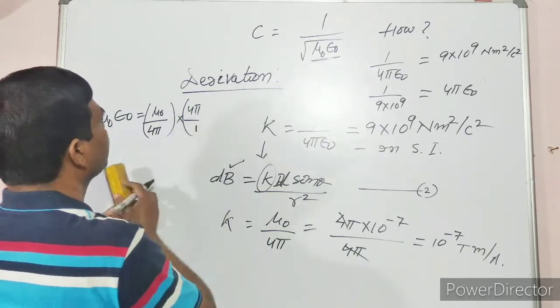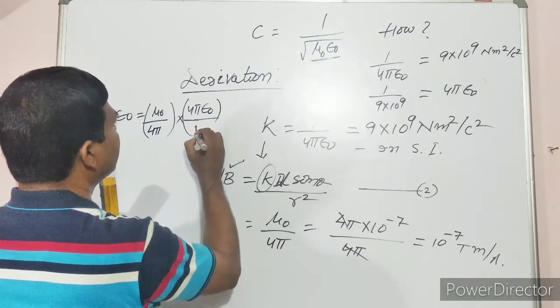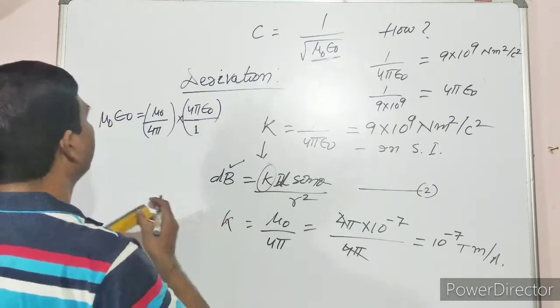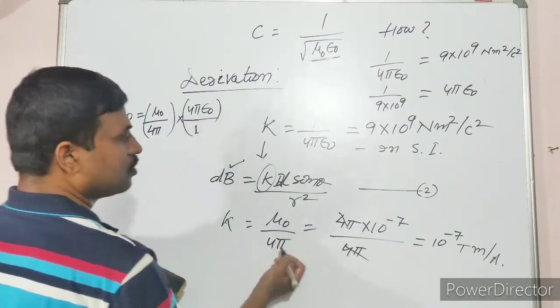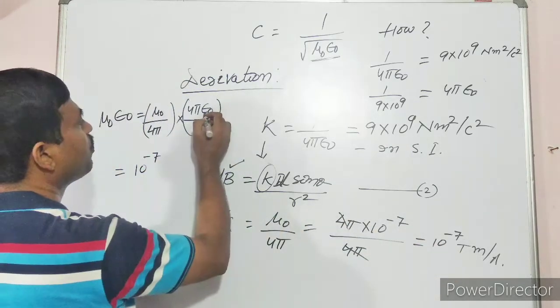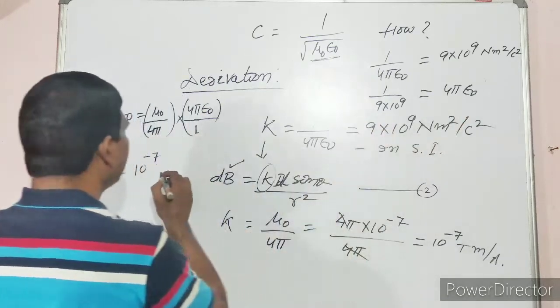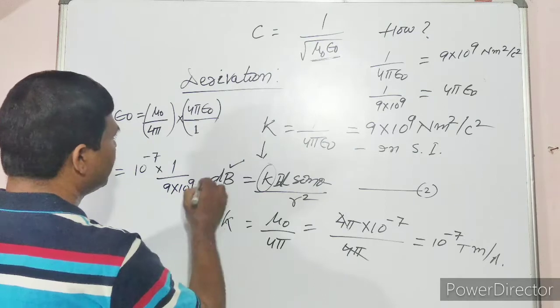Again I am writing. Now it is clear, I think, to all students. Yes, sir. Okay. So mu naught by 4 pi, how much have you got? 10 to the minus 7. 4 pi epsilon naught, how much have you got? 1 by 9 into 10 to the power 9.